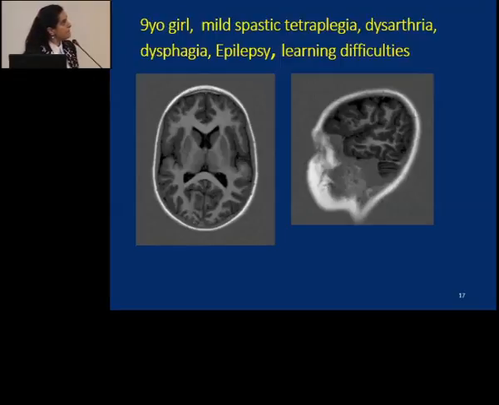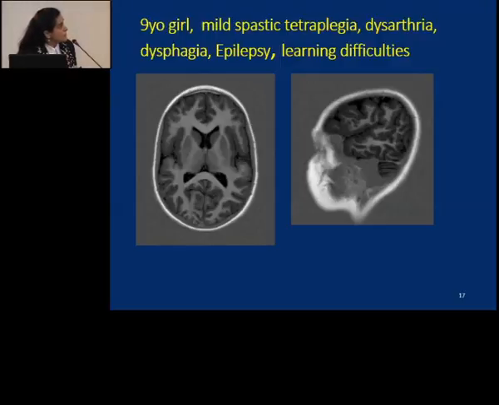And with this slide, I want to illustrate that if you have a good clinician who provides you with relevant clinical information, you can combine your imaging findings with the clinical history and you will get the diagnosis.